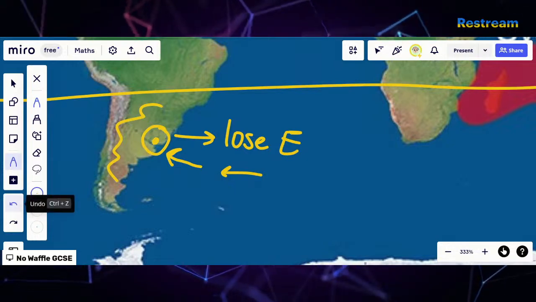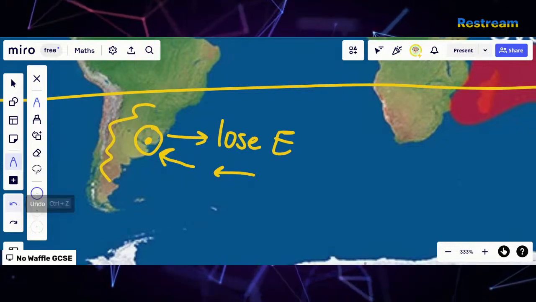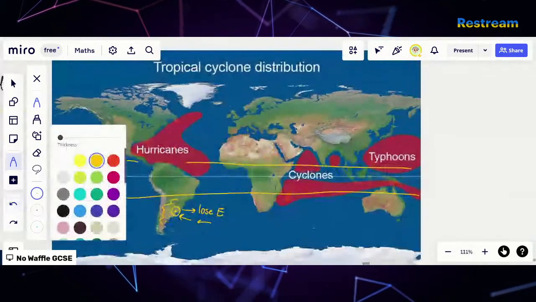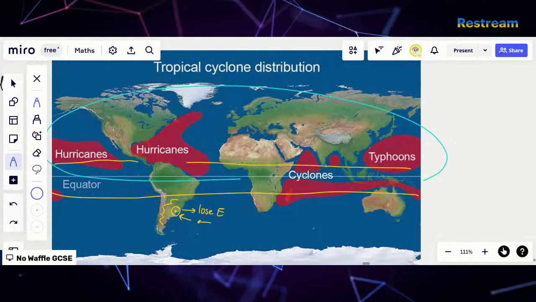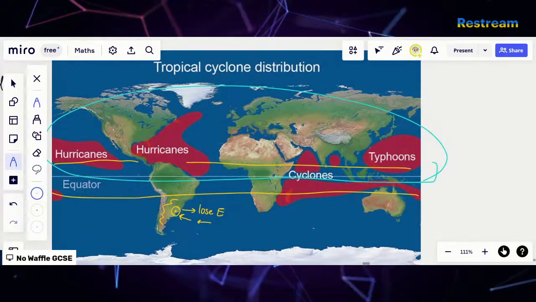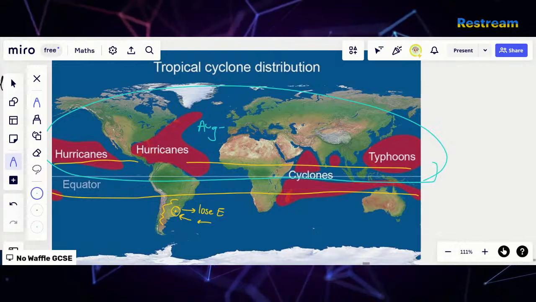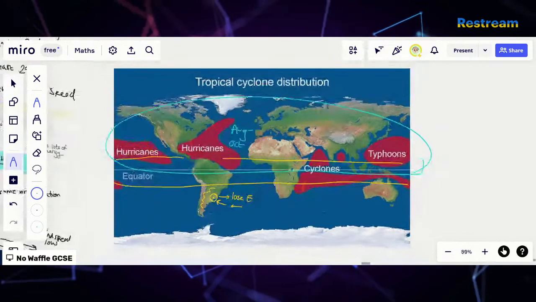Now, the majority of the storms occur within the northern hemisphere. So the northern hemisphere is from here. The majority of the storms that occur within the northern hemisphere occur from August to October because of seasons and how seasons vary.